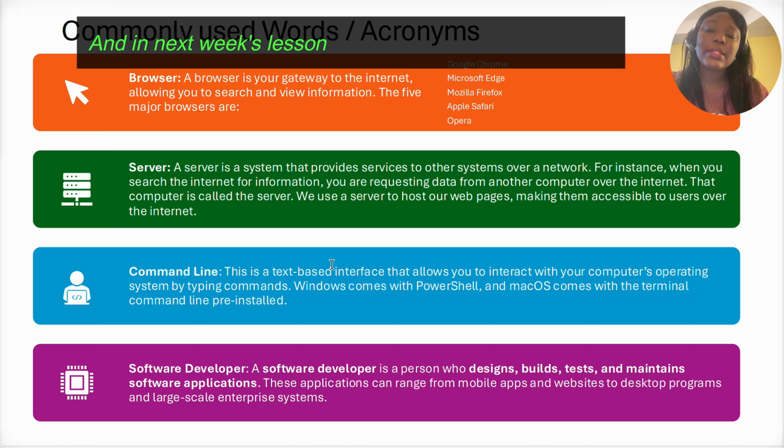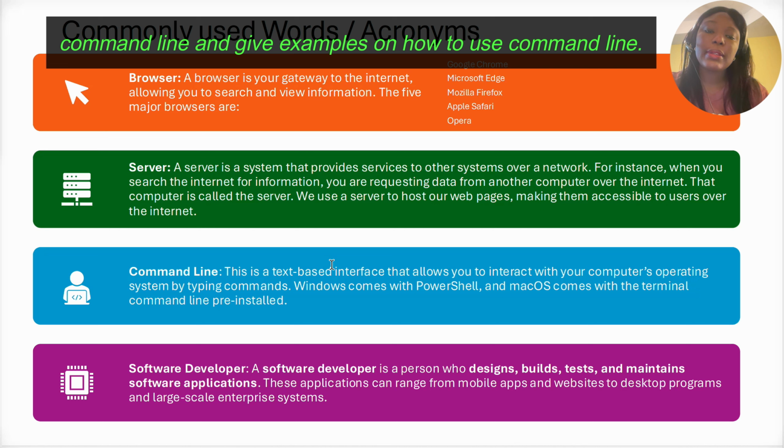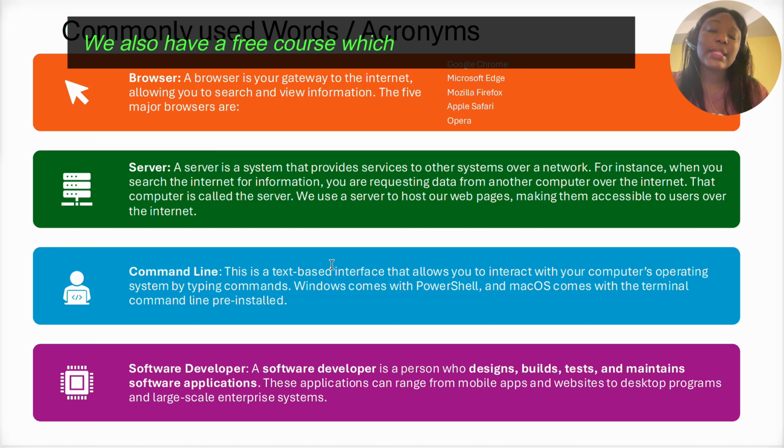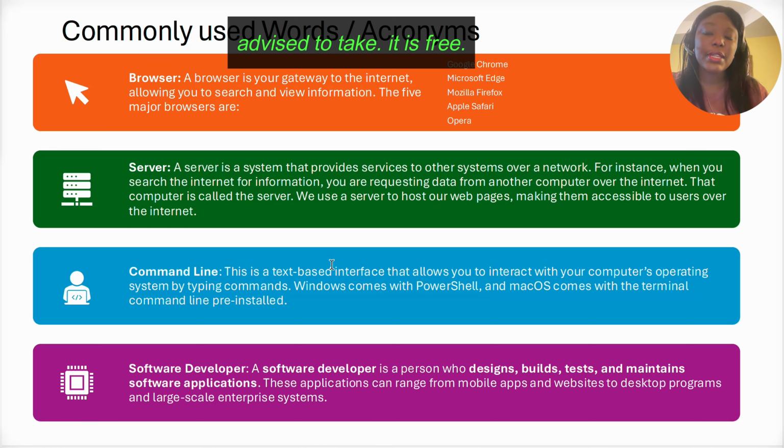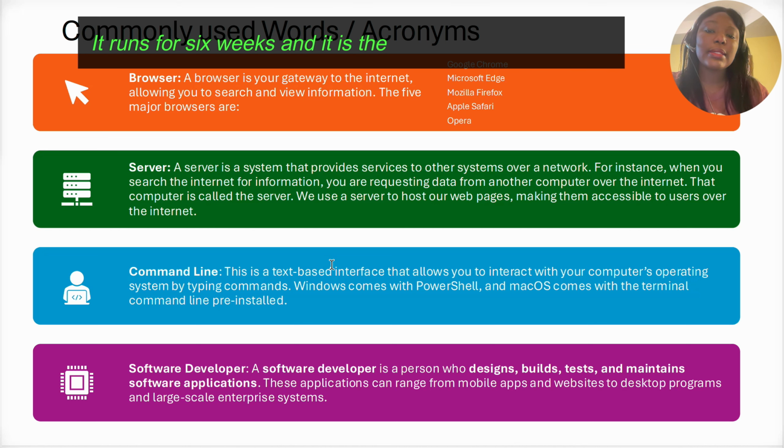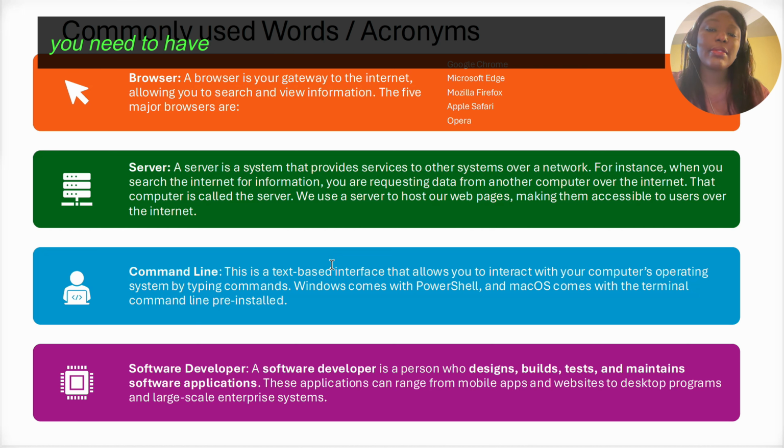In next week's lesson, we're going to look deeply at command line and give examples on how to use it. We also have a free course which starts in September that deals with command line, Git and GitHub, and which you are advised to take. It is free, it runs for 6 weeks, and it is fundamental knowledge you need to have to succeed in the world of software engineering.